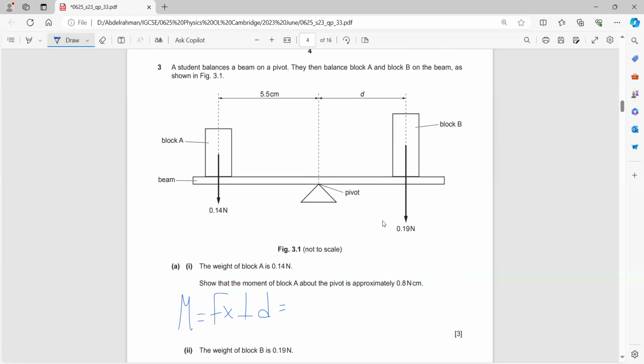So we do 0.14 times... force times perpendicular distance to the pivot, 0.5... 5.5. So it will be 0.77, which is very close to 0.8 newton centimeter.